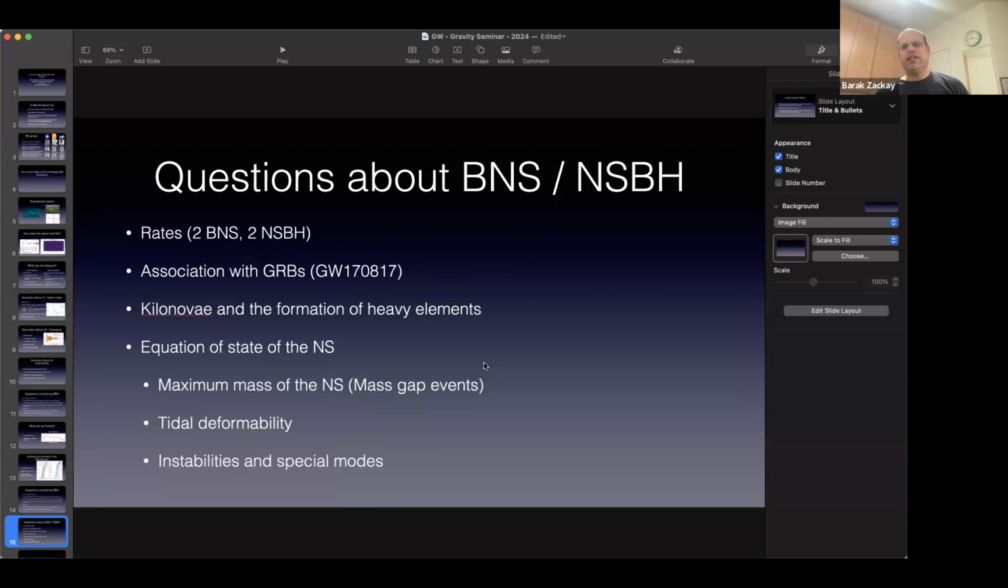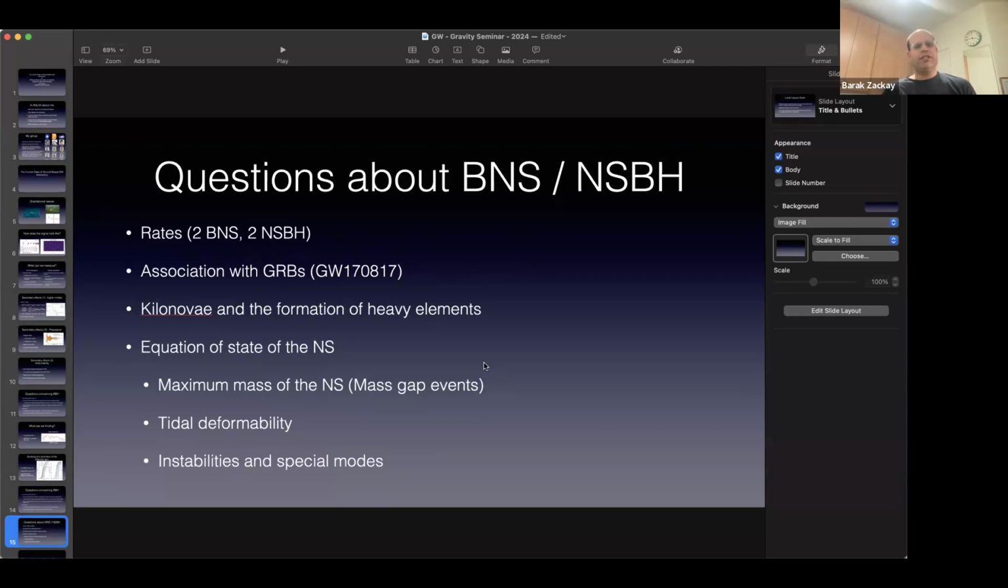But now that we have detected one, for me it's a big riddle, the duration of the 2 seconds and also the delay between the signal and the merger of the 2 seconds. So I would say that for the association with the GRB, there are many questions regarding it, and we really want to resolve them. And currently it seems that we will have to wait until this becomes an industry, that you will have 10 of those per year.